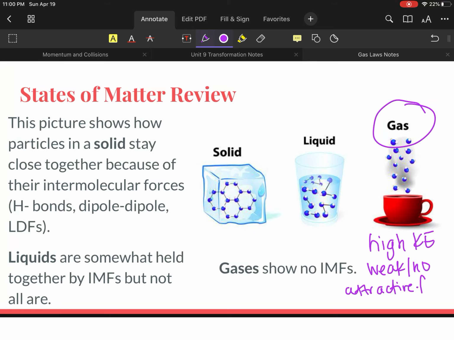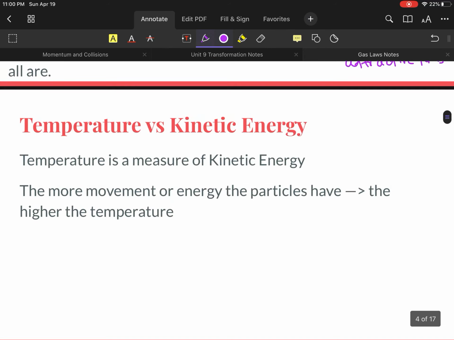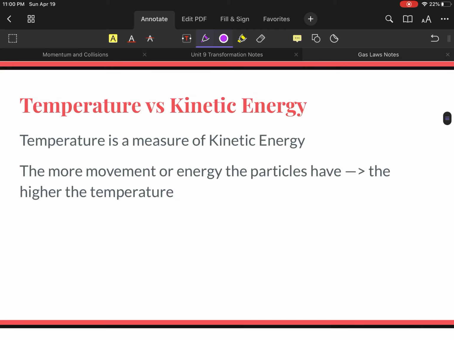So those attractive forces that we've talked about that keep our molecules together, like dipole or hydrogen bonds, right? There's virtually none of those for a gas. There's nothing keeping those individual molecules together. They're free to roam about the space at will.